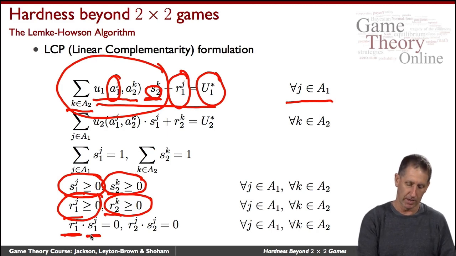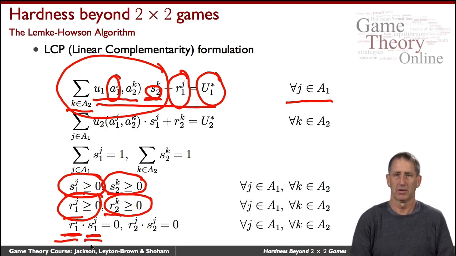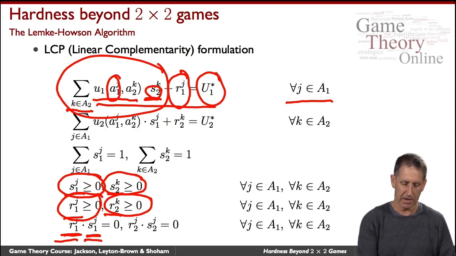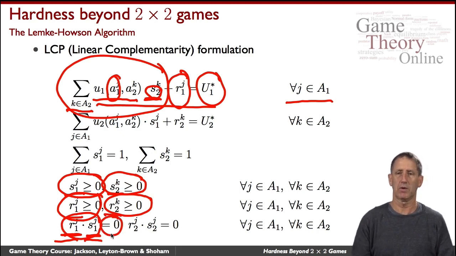And when they're playing with 0 probability, you don't care what the slack variable is because they're not playing that strategy at all. And you capture that by requiring that the product be 0. This is exactly the condition, and this is what makes it a linear complementarity problem.